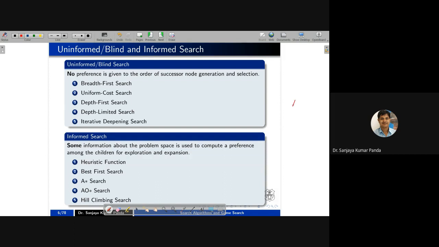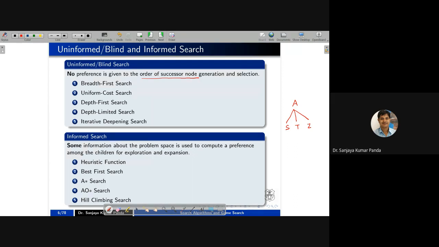Like, your start city is A, and you have explored the neighbor cities of A. The neighbor cities of A are S, T, and Z. What it says is that no preference is given to the order of successor nodes. The successors here are S, T, and Z. So whether to check in the order S, T, Z or T, S, Z or Z, T, S, you will not give any preference.